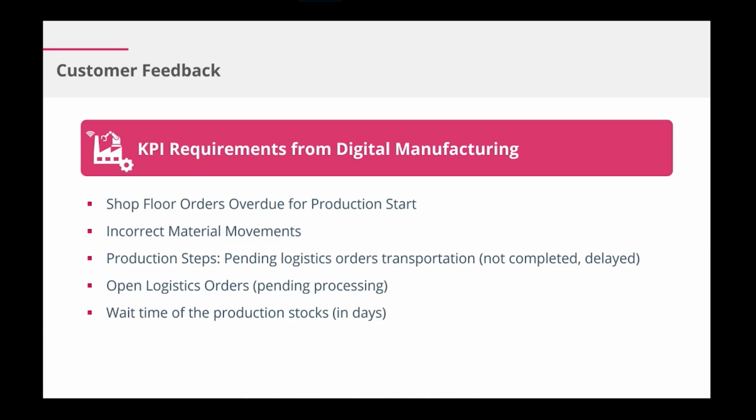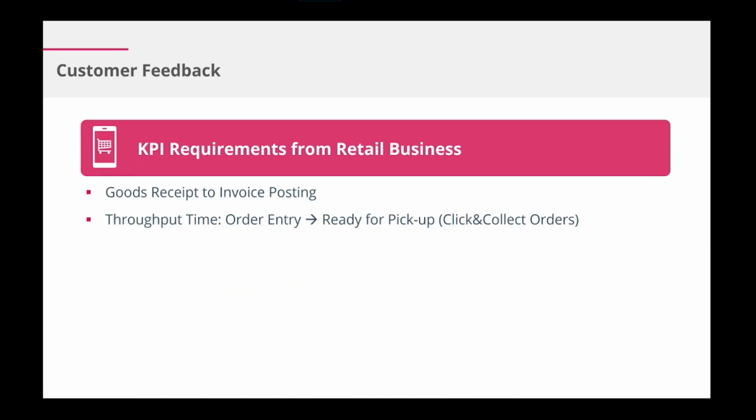There's another industry where we discussed specific requirements for KPIs, which is the retail business. So, for example, one of the KPIs that was mentioned is goods receipt to invoice posting, or here again an example of throughput times, for example from order entry to ready for pickup.